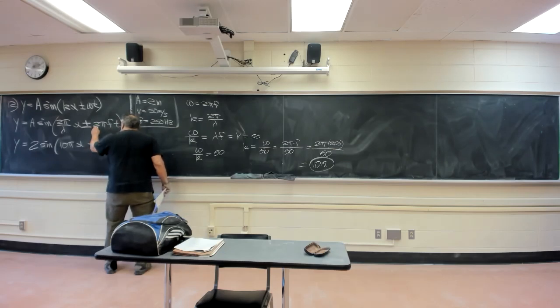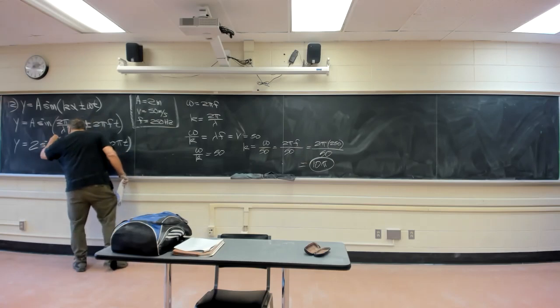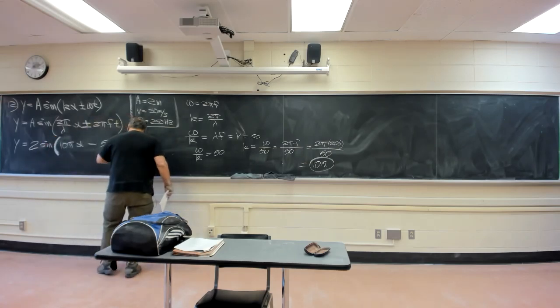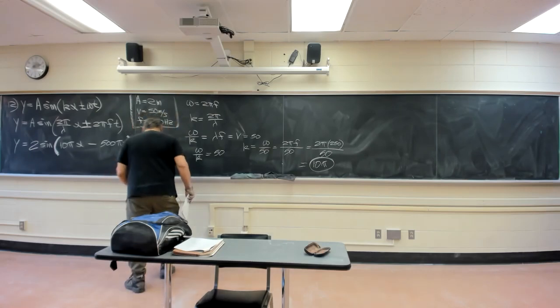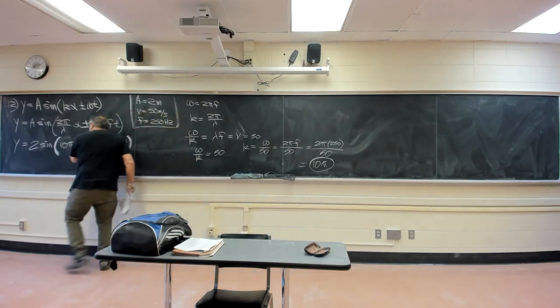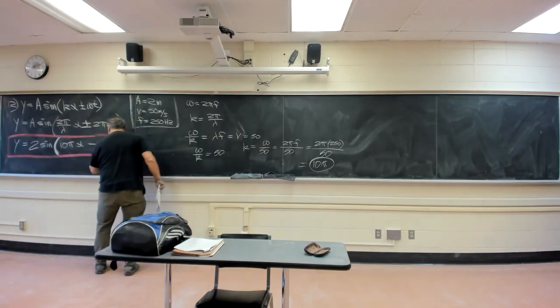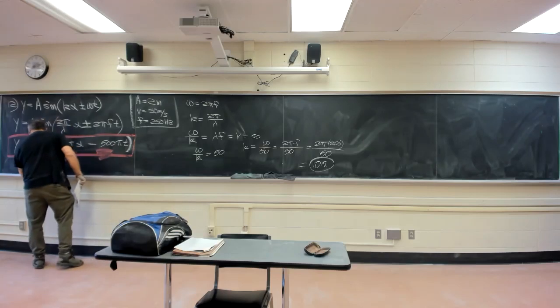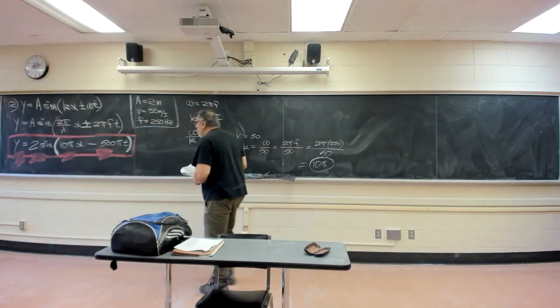These are all radians, or radians per second. 2 times 250 is 500. And we got that. I think that's it. And there you go.